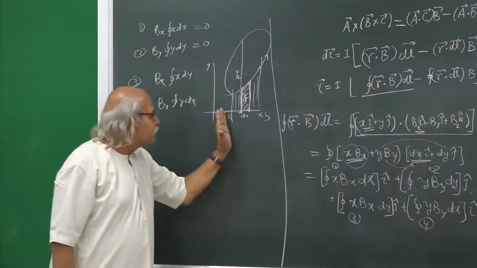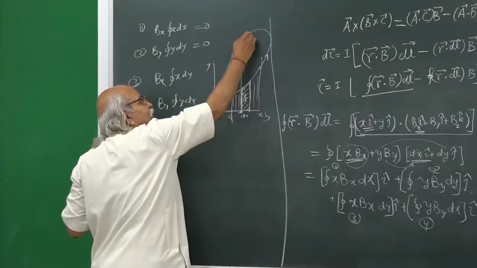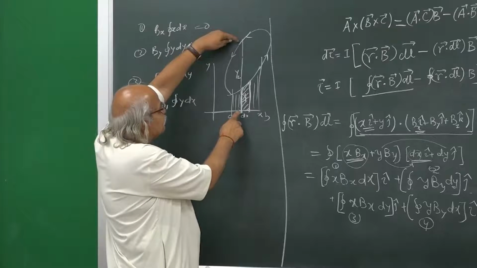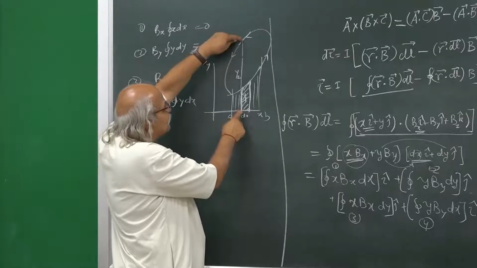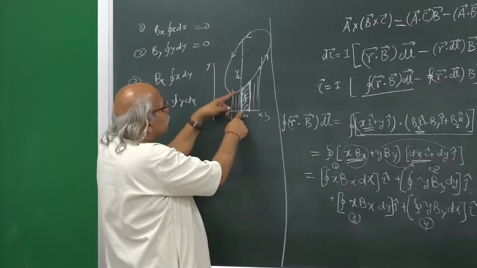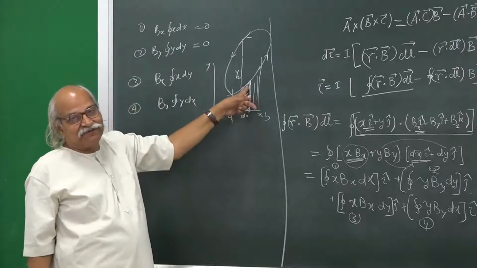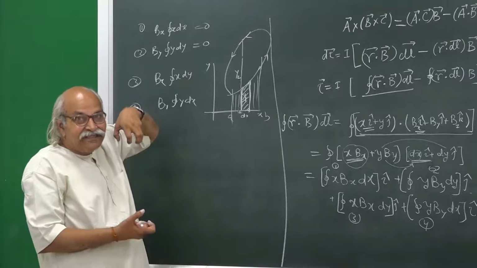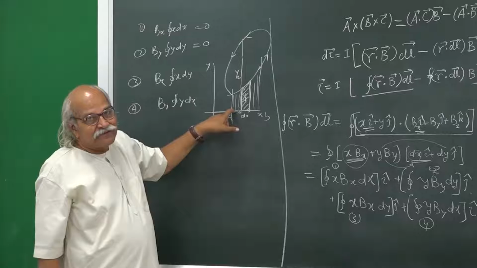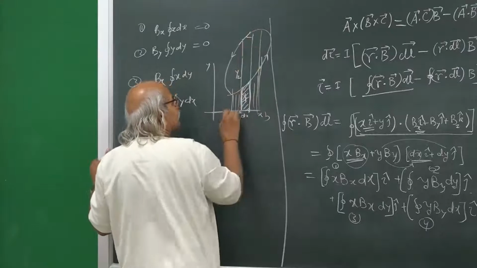Here x is increasing, so dx is positive, and here the arrow comes like this, so x is decreasing. So y2 times dx will be negative, because y2 is here and dx is on the left, whereas here dx is on the right. So y1 times dx will be positive. Taken together, these two give a negative value, and the same is true for any x, this x, this x, this x.